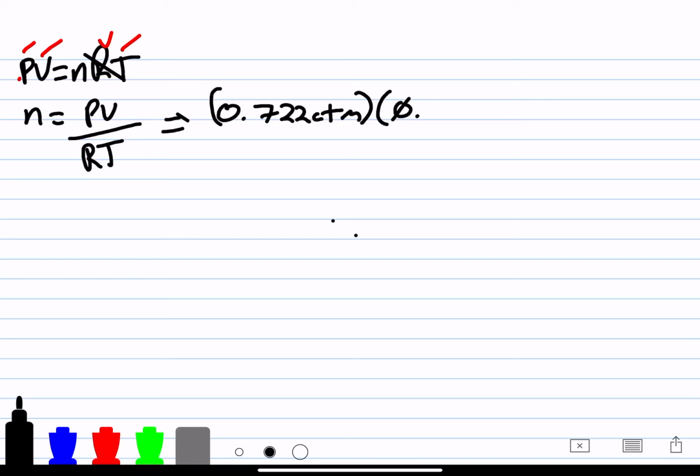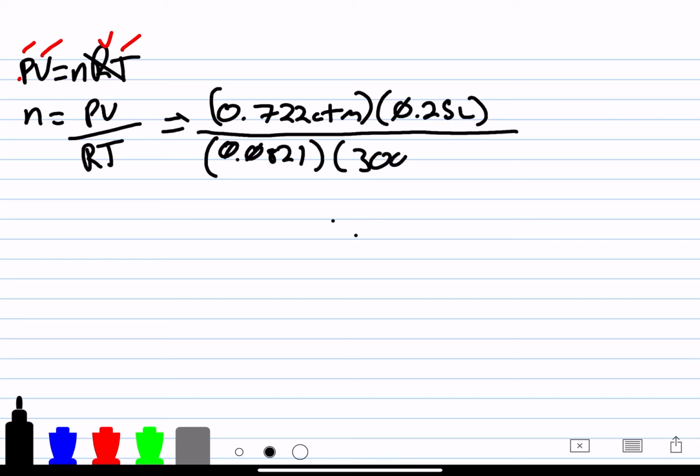So 250 milliliters is equal to 0.25 liters. R for atmospheres is 0.0821, and the temperature is 300 Kelvin.